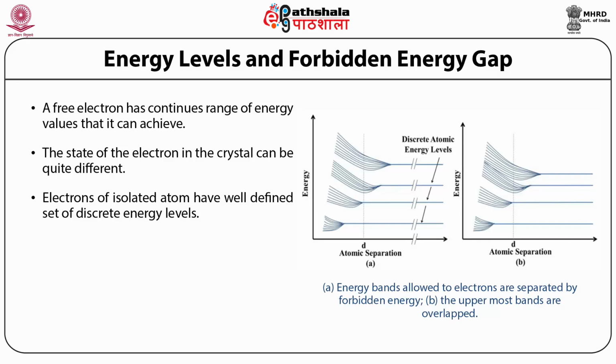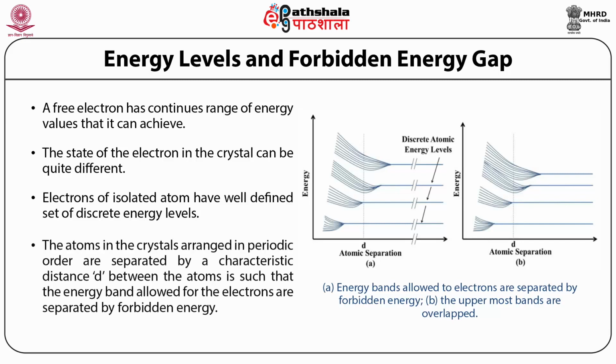Now it can be evident from the figure, that is the part A shows the schematic representation of discrete energy levels of electrons, where the energy bands are allowed to electrons and they are separated by forbidden energy, and the part B represents the schematic representation of discrete energy levels of electrons when the uppermost bands are overlapped.